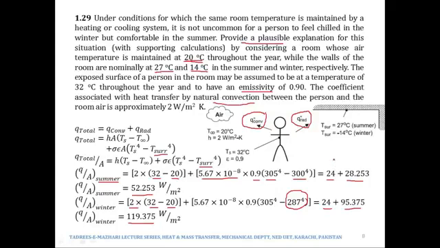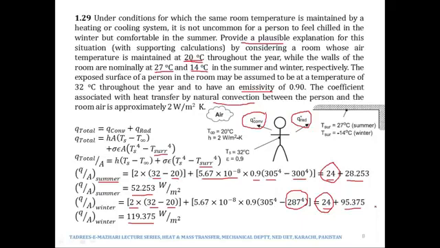Compare the two. If we compare summer and winter, the heat lost via convection remains the same. Why? Because we were able to maintain the temperature of the room, so the convection heat loss remains the same. But what we were not able to control was the temperature of the walls.